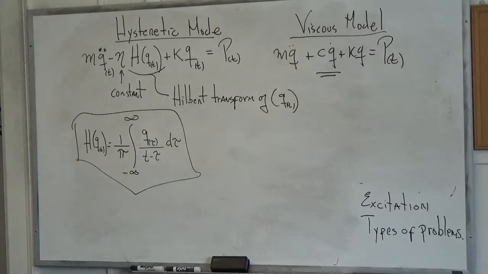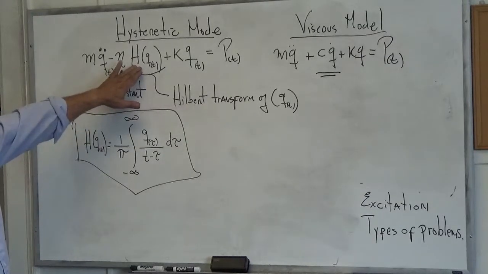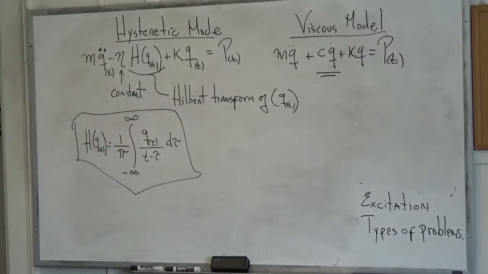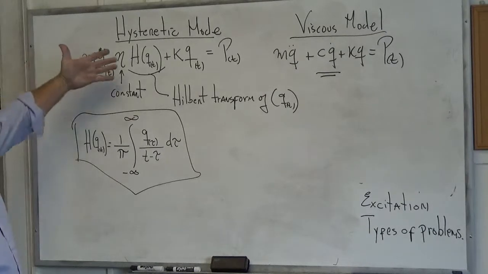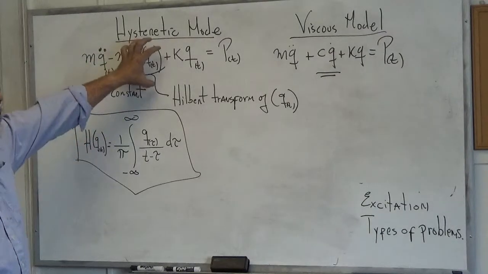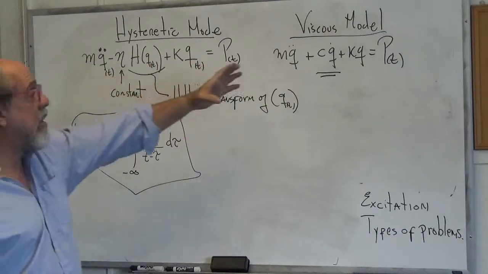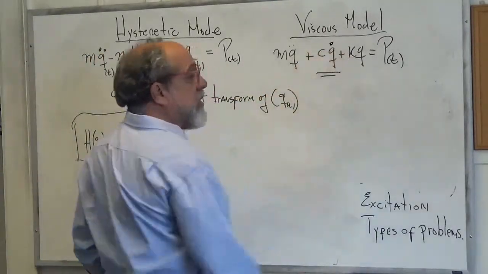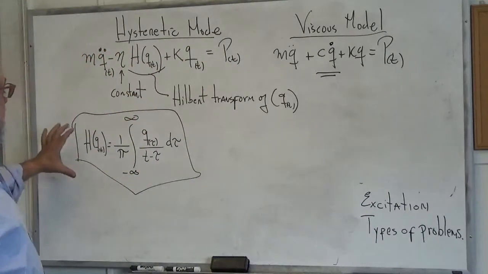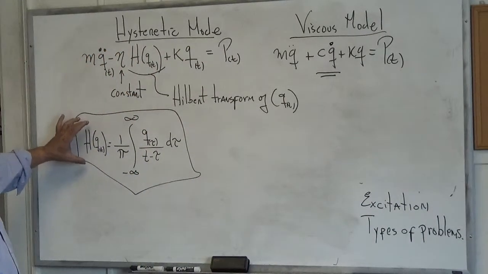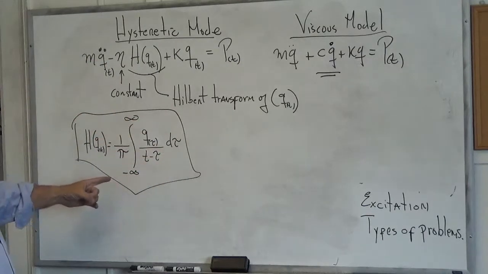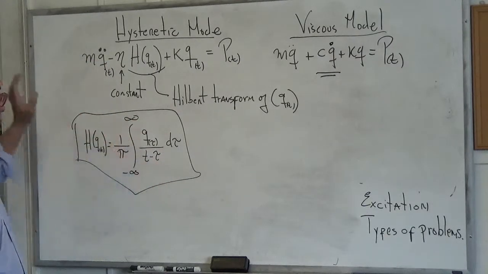So the Hilbert transform of Qt is a function of time, which is given by this expression. Now you can see the tremendously more complex nature of this description of the damping force than of this one. This one says the damping force at time t is just the velocity times a constant. This one says the damping force at time t is some constant, but you got to calculate this integral, and this integral depends on what?